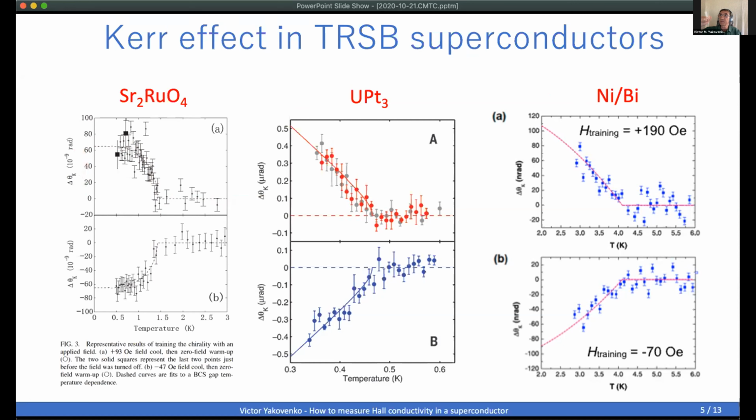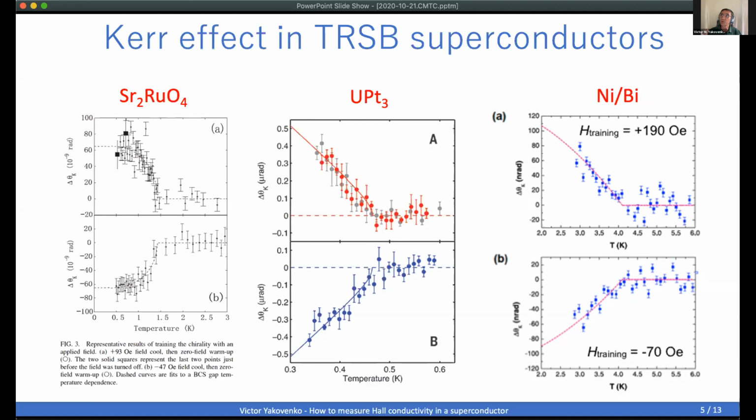Because it is spontaneous symmetry breaking, it can have a positive or negative sign. In other words, the Cooper pairs can rotate clockwise or counterclockwise, so they can see a positive or negative signal, and they can control which, if they want to.